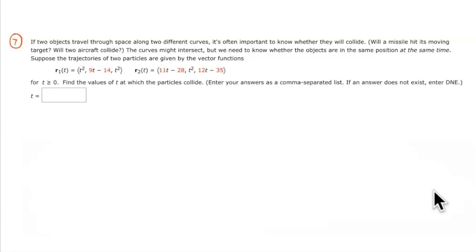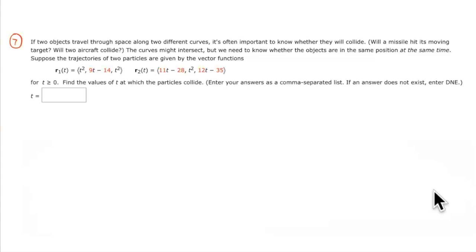And when they collide, what happens? Intersection is the one where, at that certain time t, they actually hit each other, collide. So maybe at this t they're going to end up at the same position over here, which means that r1 and r2 are going to be equal at that time.